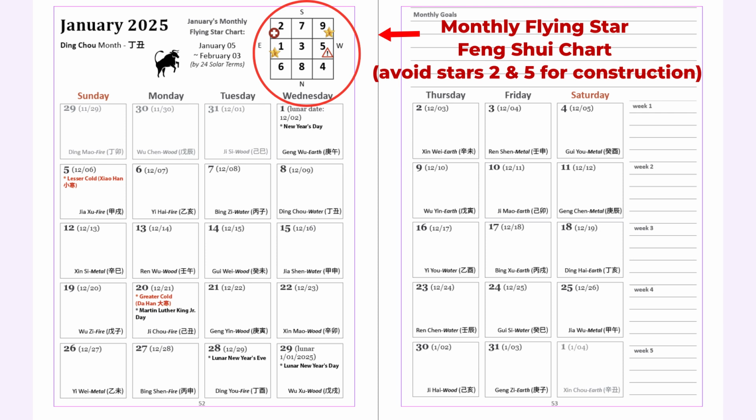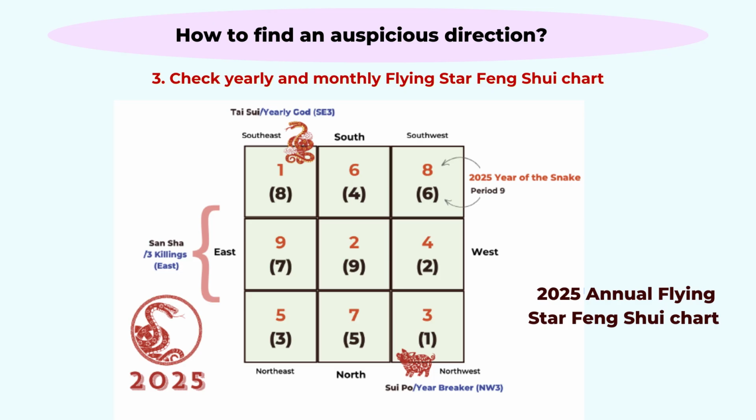And the best stars are number 1 and number 9 because we are in period 9 right now. Some people ask if you can find the daily flying star chart. There's a way to find the daily flying star chart and even hourly. But this will be less practical because it changes so fast. It can be the topic of a video in the future if you are interested.